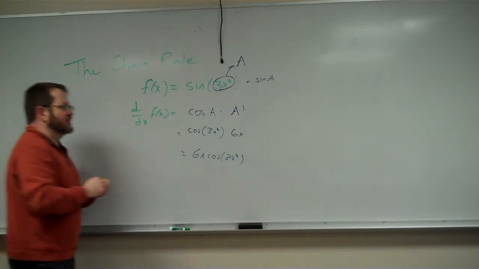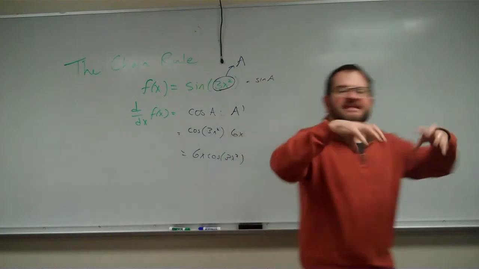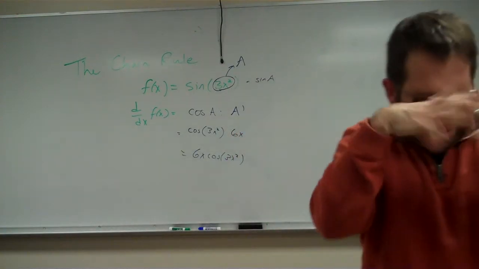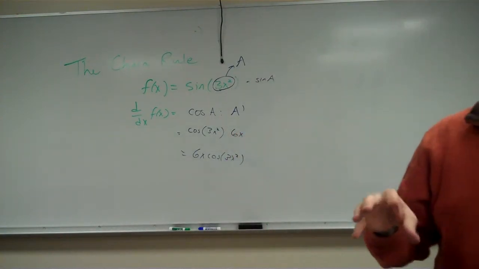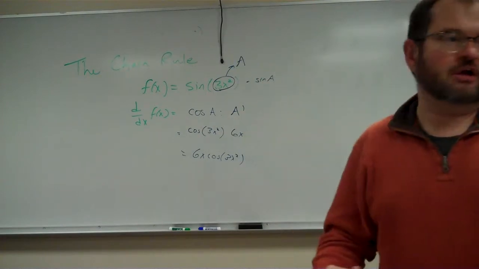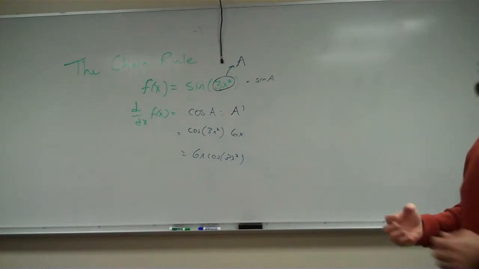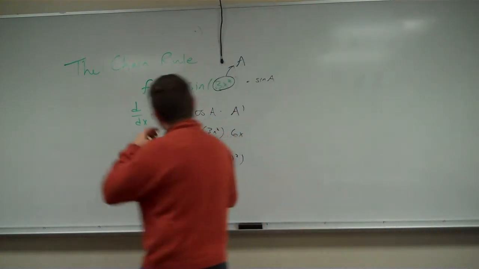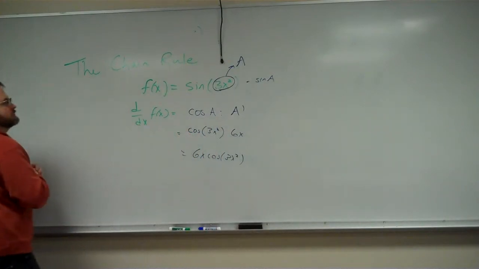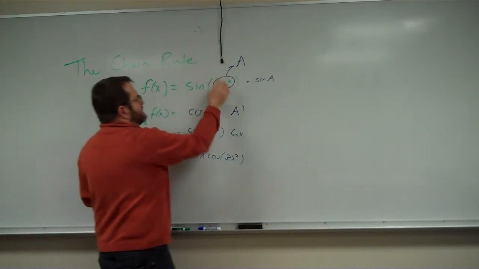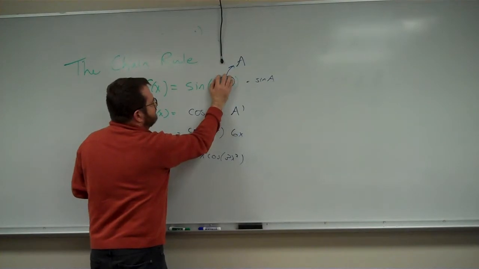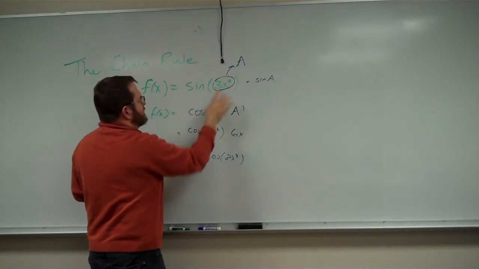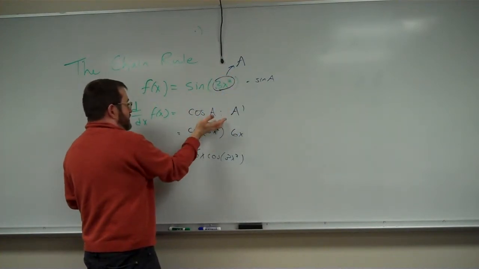It's the derivative treating the inside part like a chunk that we can just sort of replace with a letter or something, times the derivative of that inside chunk. We just said, let's forget about this part for a while and just treat this like sine of a. Well, derivative of sine is just cosine of a.